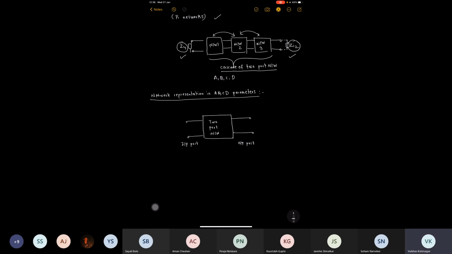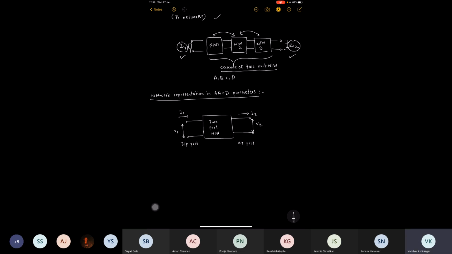Let us say we have supplied a certain voltage at the input port, so we get a certain current I1. Similarly, at the output port, we will develop a certain output voltage, let us represent that as V2, and we will get a current, say I2.